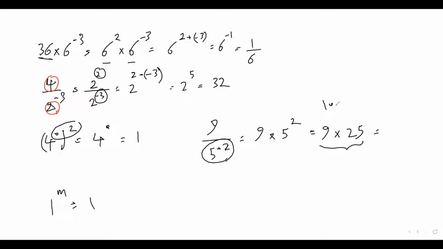I mean, 10 times 25 is already 250, and this is 9, so it means it should be 25 units less than this, which is 225. Or you can do it directly the normal way you do multiplication, but you should be able to do multiplication of these types, guys, as IGCSE students in your mind mentally. So please practice that. And that brings us to standard form, or the scientific form.